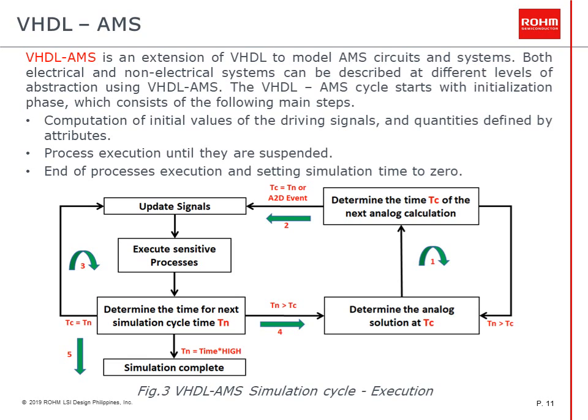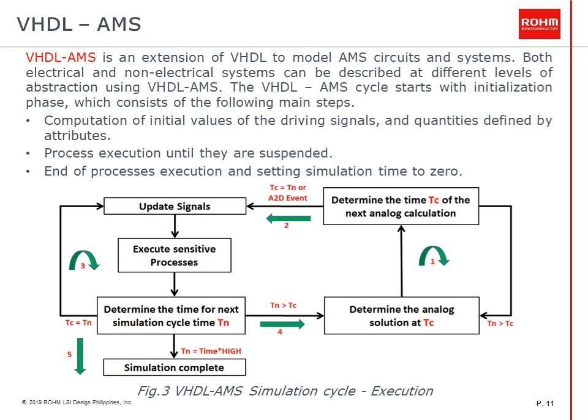The actual VHDL-AMS simulation cycle begins with the computation of analog solution points, arrow 1 in Figure 3. This continues until the next digital event is scheduled or an event occurs on the analog and digital interface, arrow 2 in Figure 3. To compute a digital evaluation point, signals are updated first. After that, any triggered processes are executed until they settle.